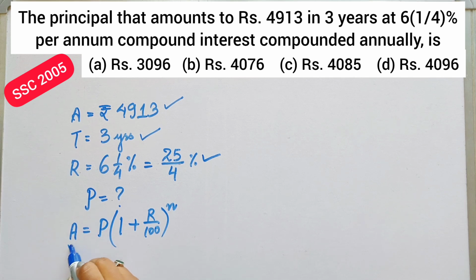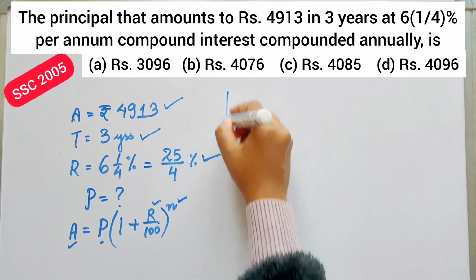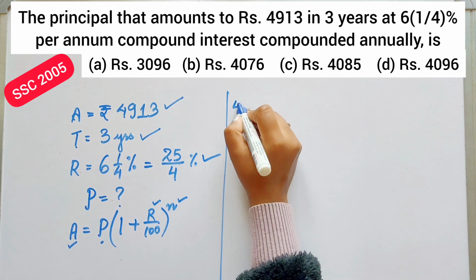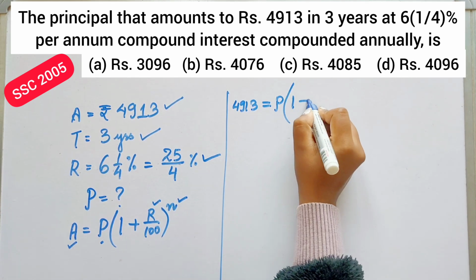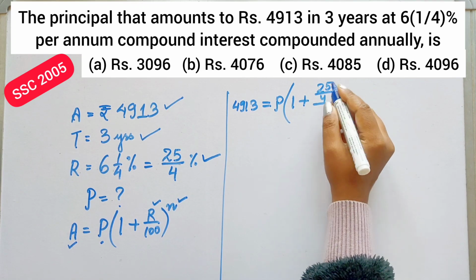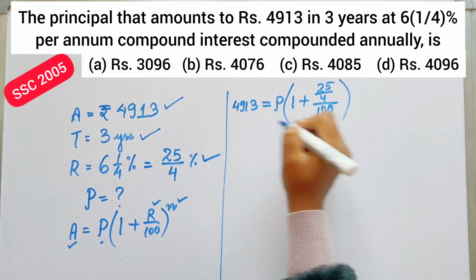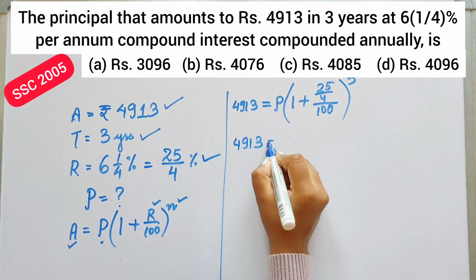Here we are provided with amount, rate and time, so we can find out principal. Let's do that. Amount 4913 equals principal, 1 plus rate 25 by 4% divided by 100, to the power 3, where 3 is the time, that is 3 years.